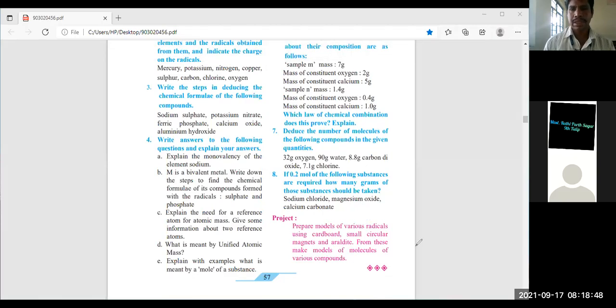Write down sodium sulfate first. Today my handwriting is not good, but you can understand.